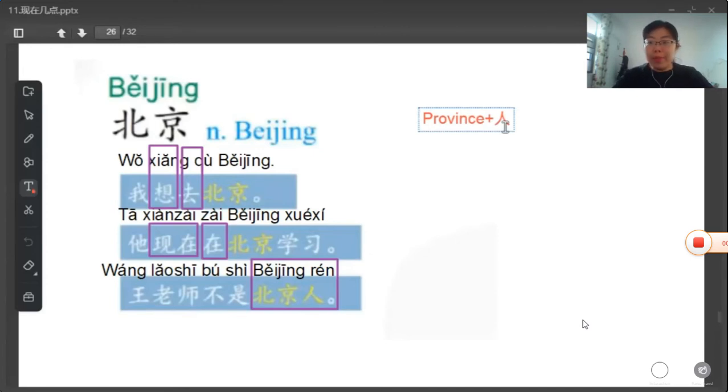We can use the city. 我是郑州人. Because I was born in Zhengzhou, I have the ID card of Zhengzhou, so I can say 我是郑州人.